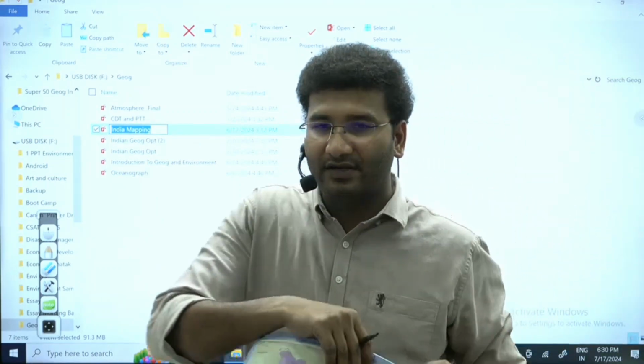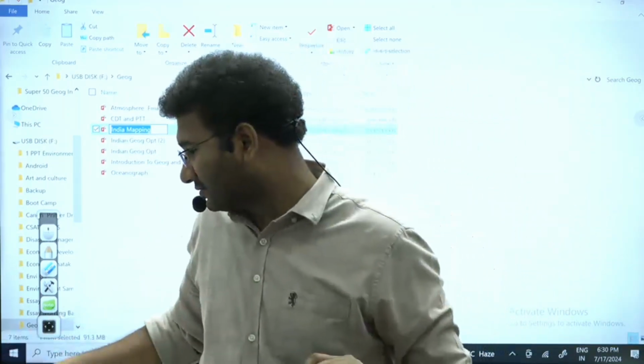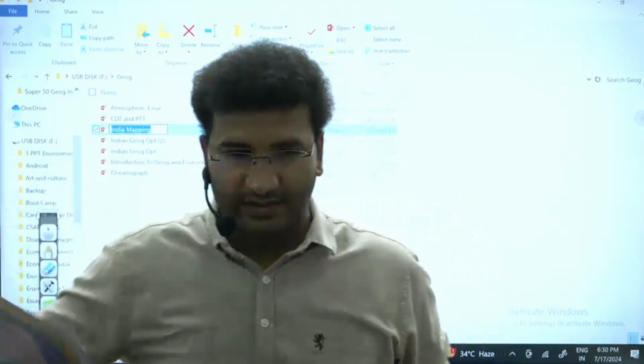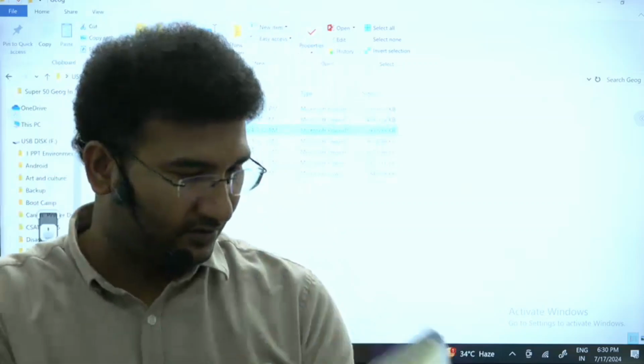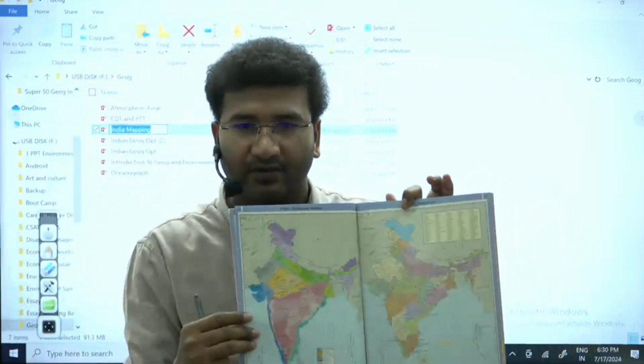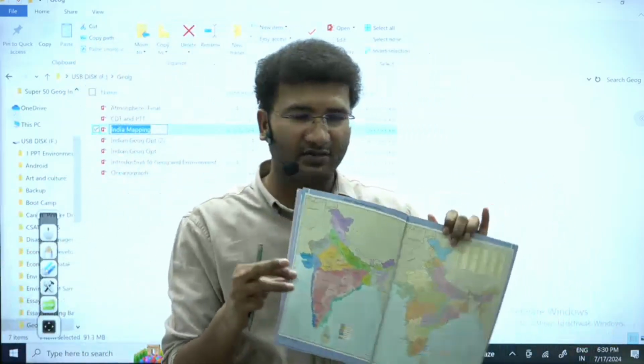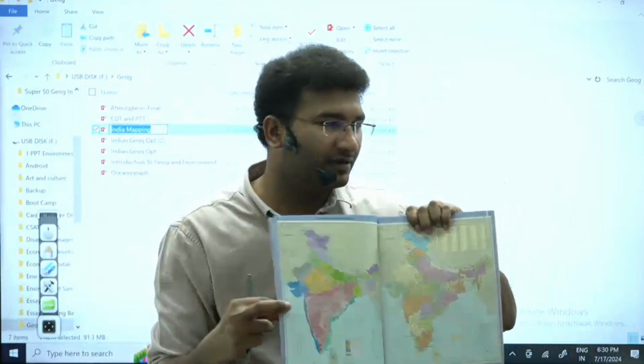Okay, if you have the TTK atlas, it is in a little dilapidated state. Page number 15 or 14. Or else, if you have any other atlas, just look into the first physical map of India. Right?